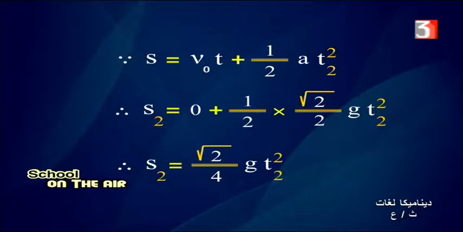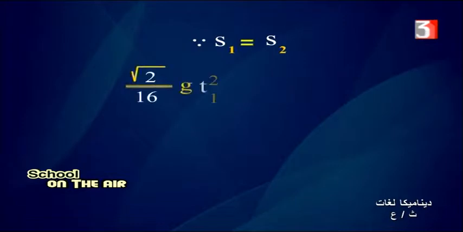The body slides in the second case the same distance as in the first case. Then S1 equals S2. Since S1 equals S2, then root 2 over 16 g t1 power 2 equals root 2 over 4 g t2 power 2.